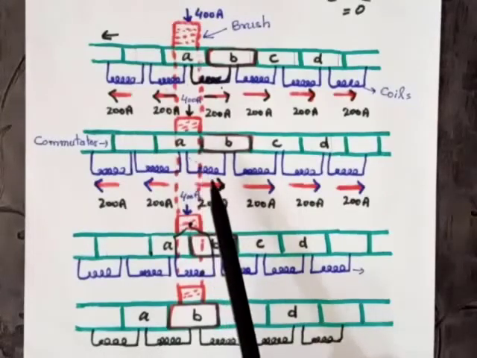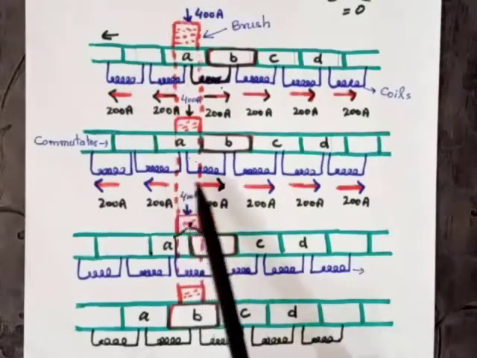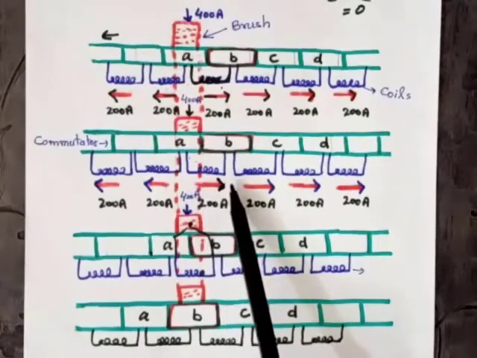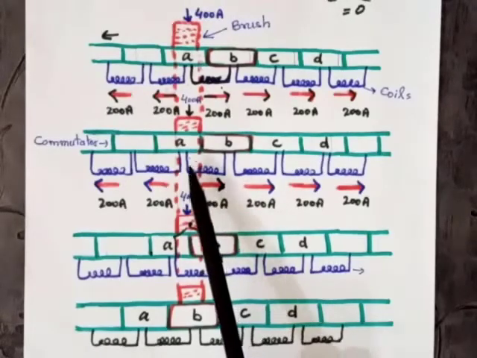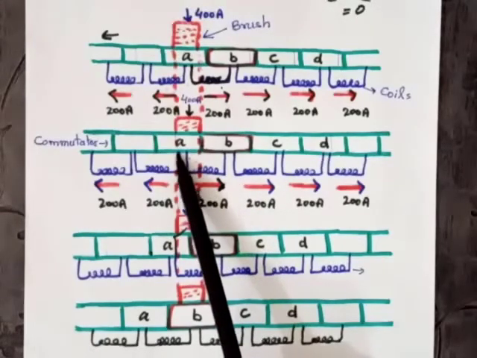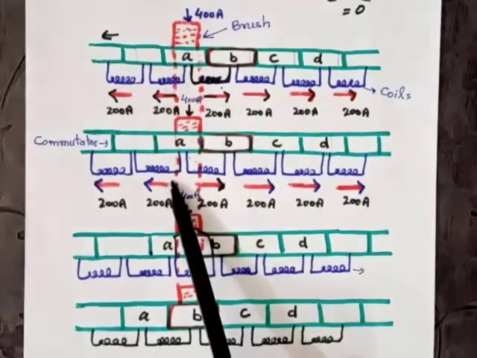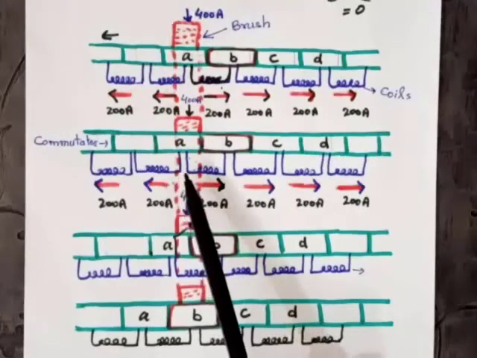Due to this, the direction of the current will shift from right to left. Here the direction of the current is towards the right side. When this end becomes near to that point, then this current will shift from right to left. It means the direction of the current will change.